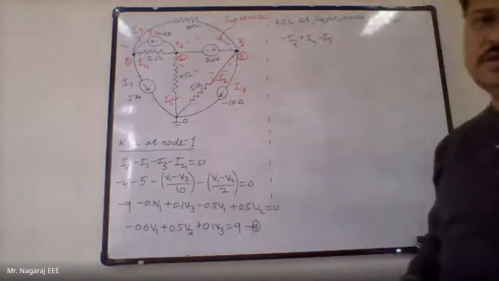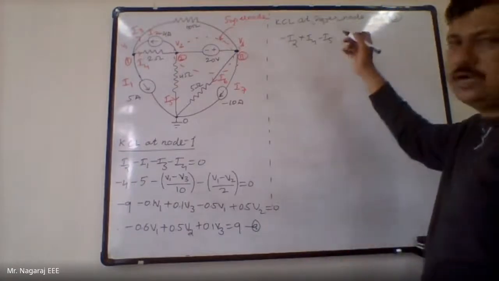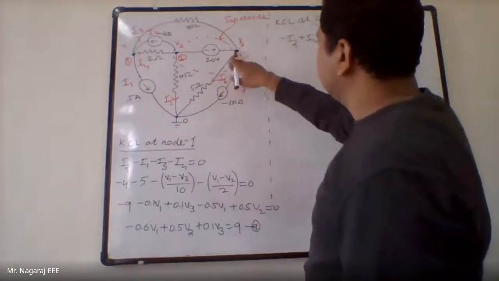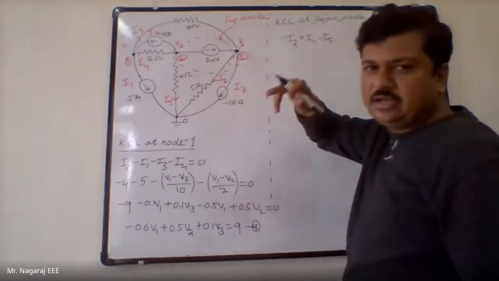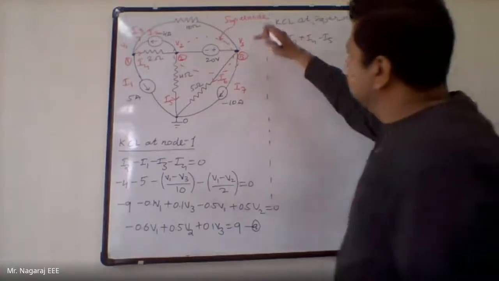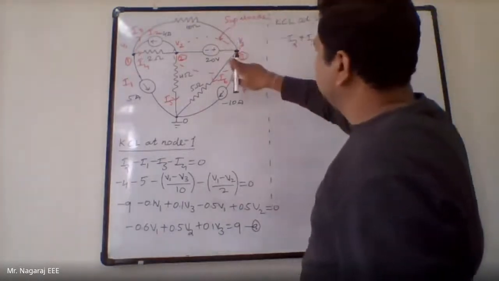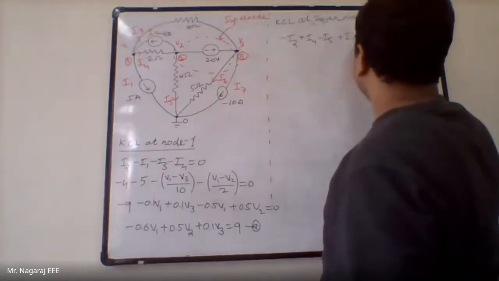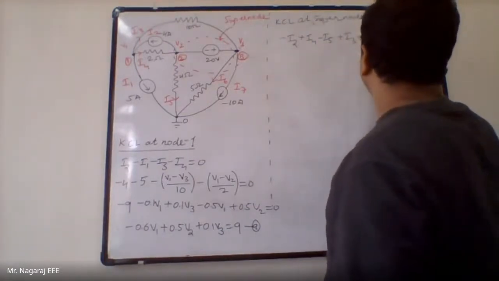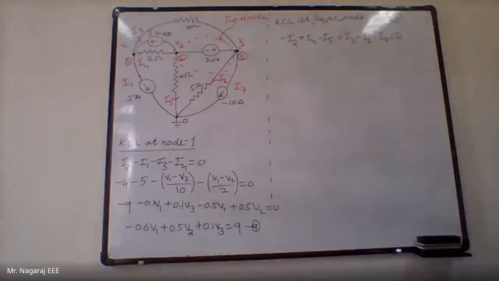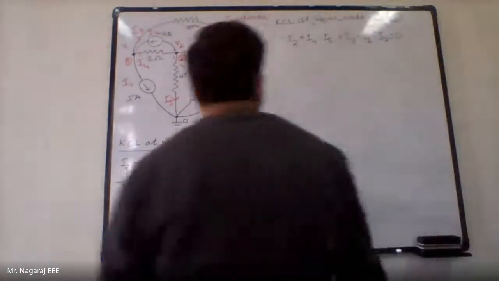Now next is at node 3. At node 3, there are again 3 branches connected, except this voltage source, because we are not assigning any current to that. So there is I3 coming in, I6 going out, I7 going out. So it is plus I3 minus I6 minus I7 is equal to 0.